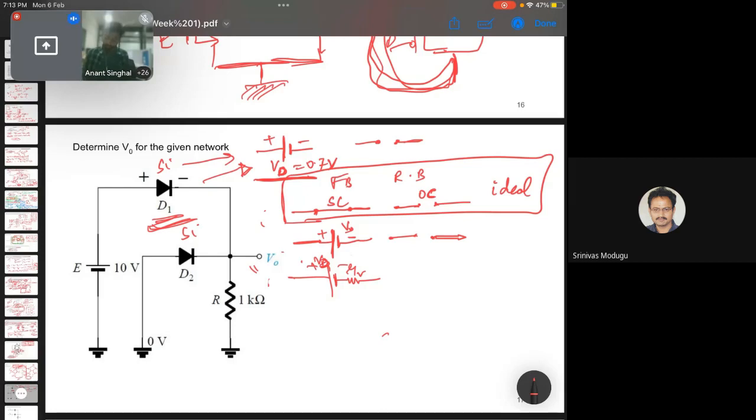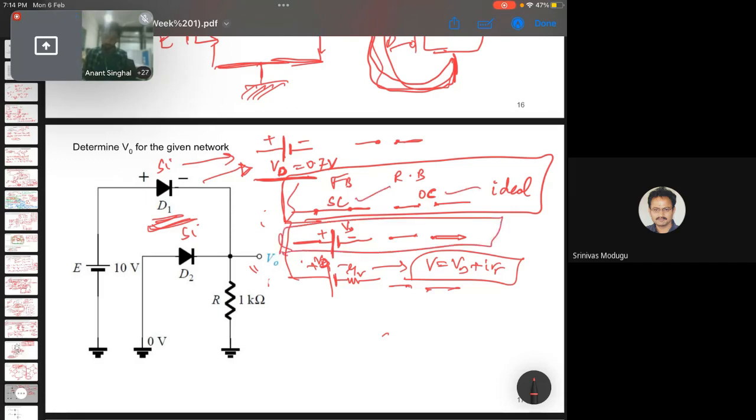So this diode is nothing but V equals VD plus some IR, and reverse bias is again an open circuit. So these are the three cases for a diode. We were talking about the ideal case in the above questions, and now we'll talk about the case in which there will be a significant voltage drop across the diode when we go in forward and reverse bias.